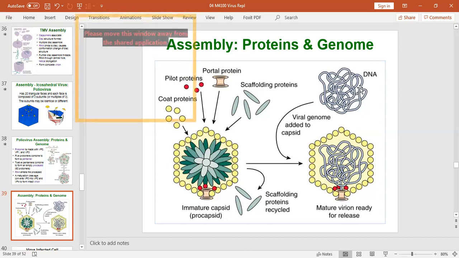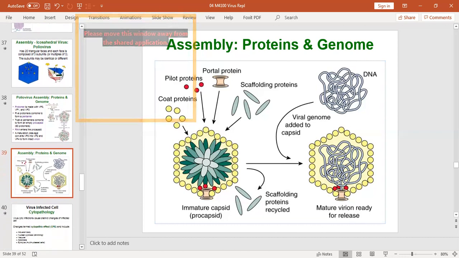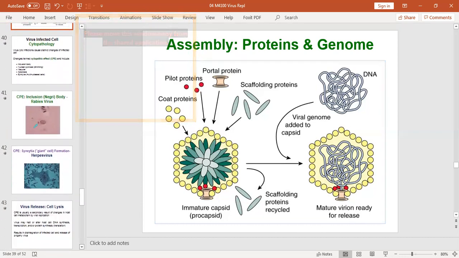And once the genome is inserted into the capsid through the portal protein, it is called a mature virion, or a mature viral particle that is ready for being released from the host cell.